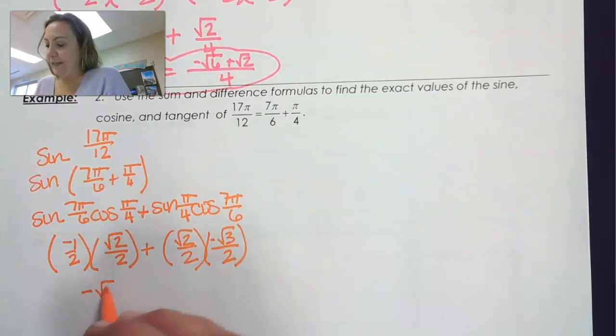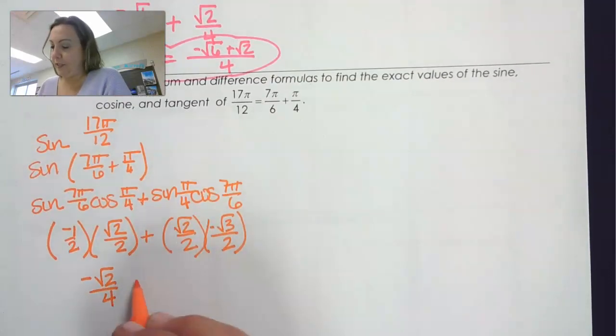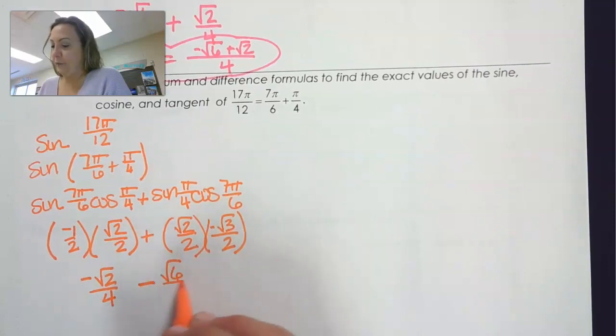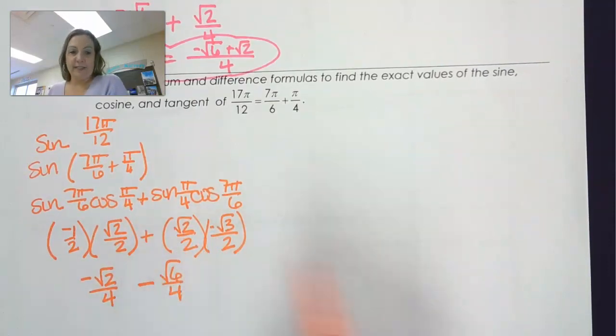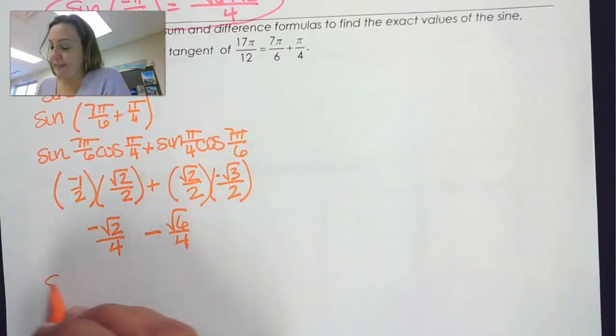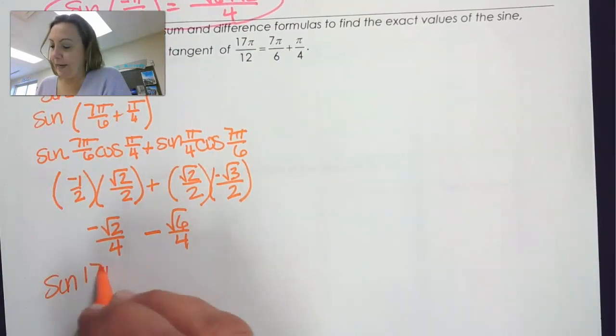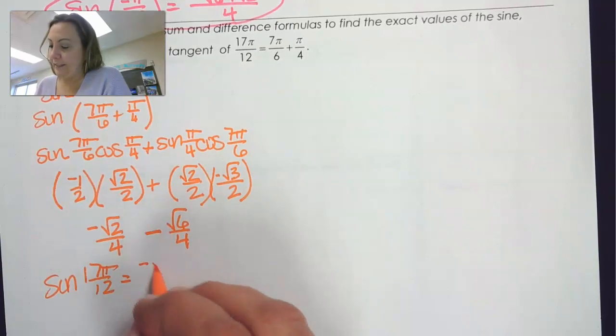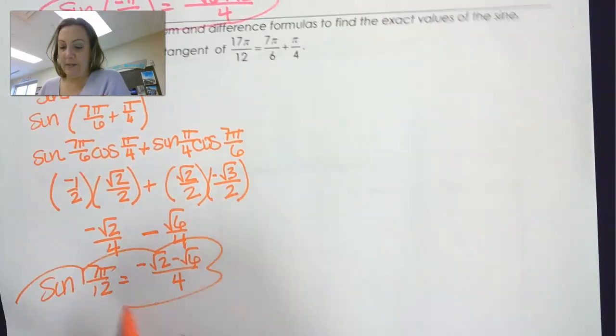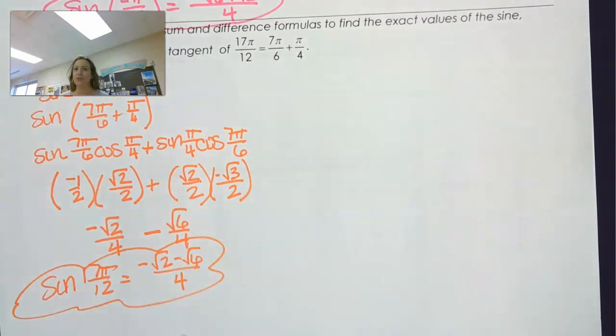So here I have negative root 2 over 4. This is going to be a minus root 6 over 4, since I just have one negative sign. And so that means that the sine of 17 pi twelfths is negative root 2 minus root 6 over 4. As you guys are seeing, you're just using the formulas and substituting them in and going from there. That's about it.